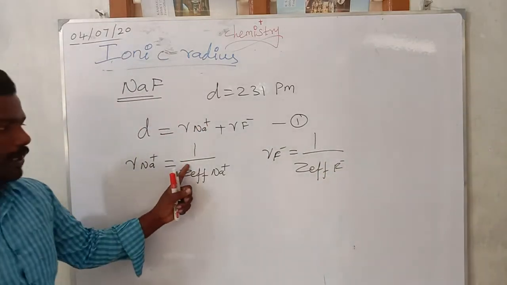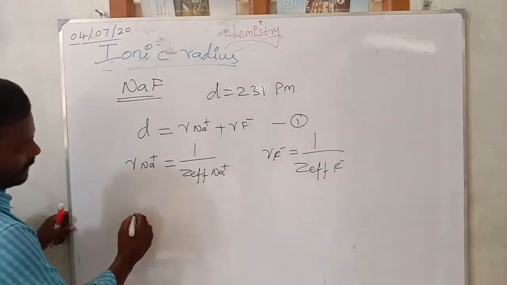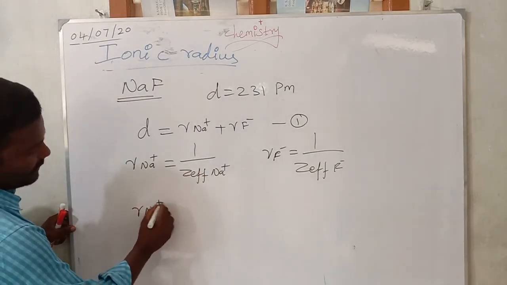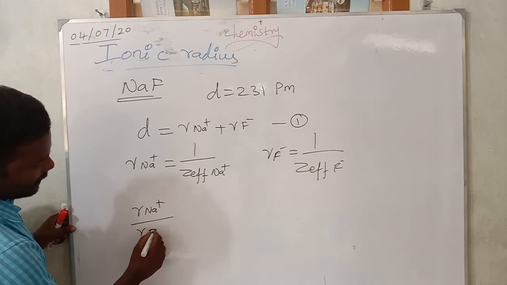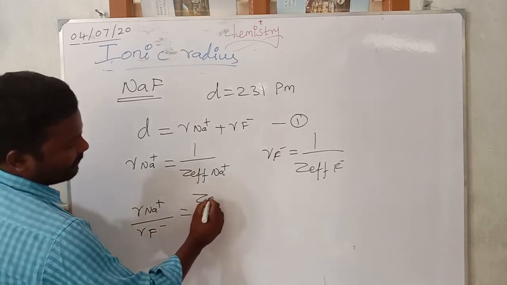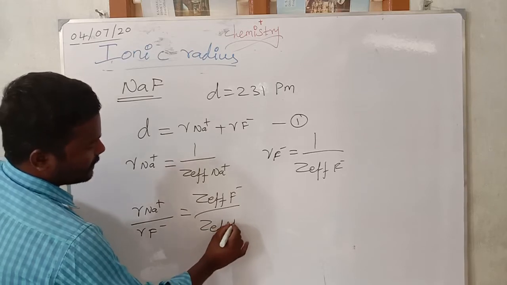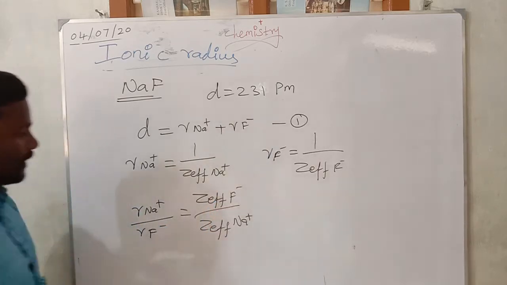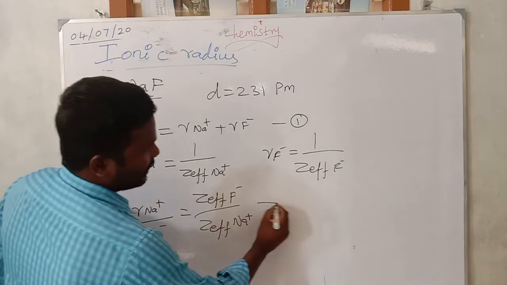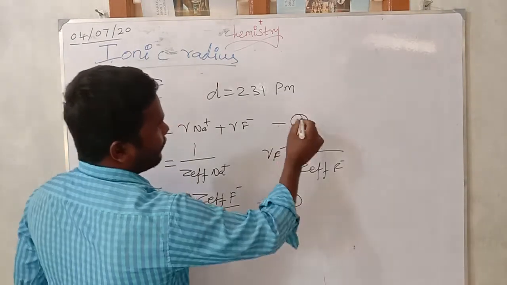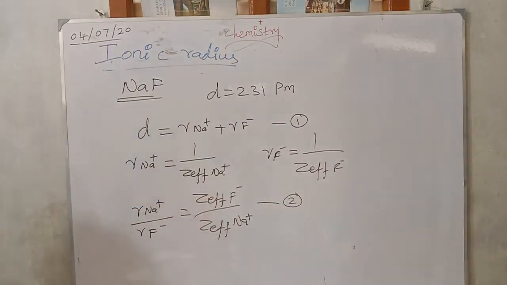Now as usual, 2 divided by 3. The final equation is the radius of Na plus divided by the radius of F minus is equal to the effective nuclear charge of fluorine divided by the effective nuclear charge of Na plus. Right? So this is our equation 2. By using equations 1 and 2, we can find the ionic radius.